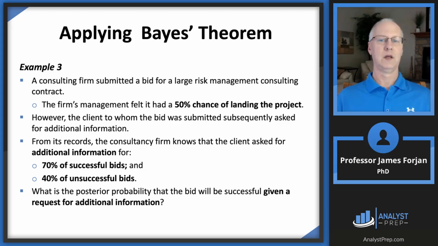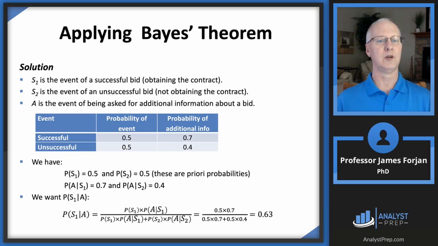Well, clearly, more information can help us refine that probability. All right, so from historical data, we know that a client asked for additional information for 70% of successful bids and 40% of unsuccessful bids. So what is the posterior probability that the bid will be successful given a request for additional information?